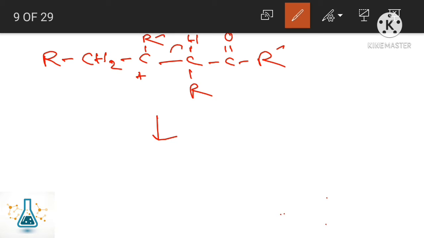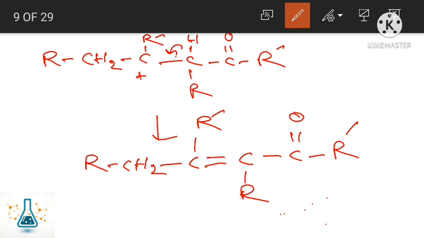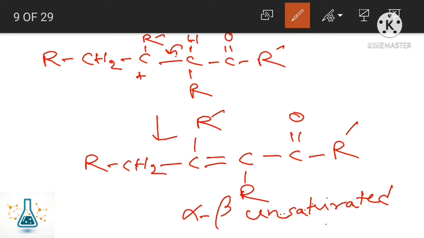Then this hydrogen will create this double bond. So in presence of acid we will get alpha beta unsaturated compound. So this is the mechanism in acidic medium.